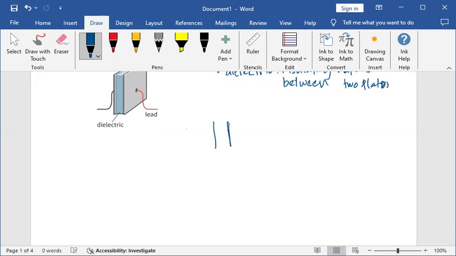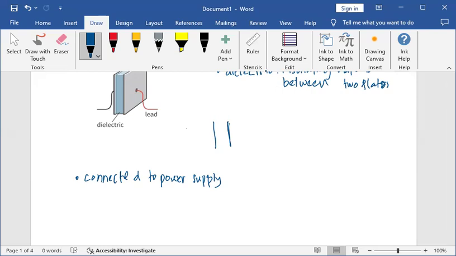Now, first, these are the plates, and then they will be connected to a power supply, or voltage supply, like a battery.